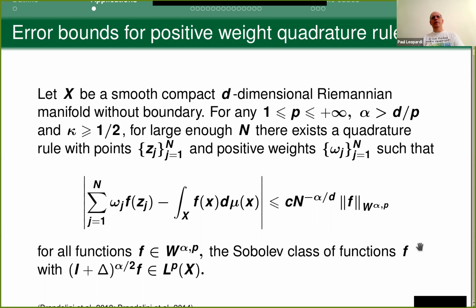So that's one application. There are other applications which I'll mention in answers to questions later.